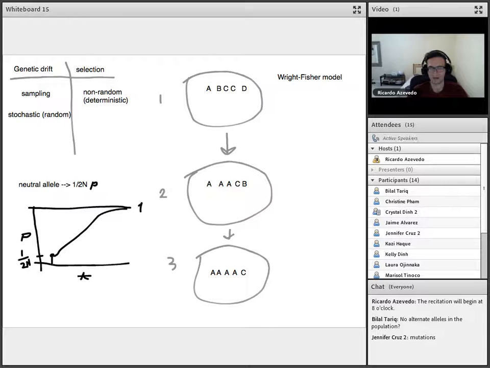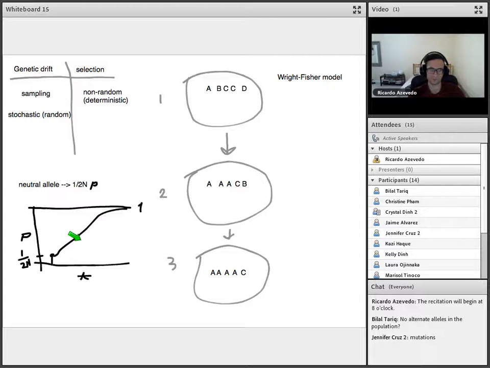Now, given the frequency, what is the probability of this allele going to fixation? As described here, fixation is the allele frequency going to 1, where that allele becomes a wild type allele where everyone has it. So what's the probability of that, given that the frequency is 1 over 2n?